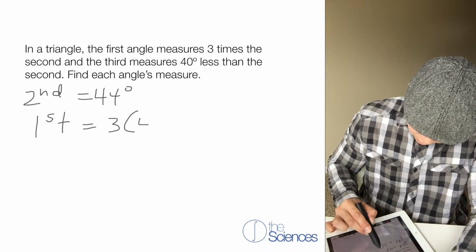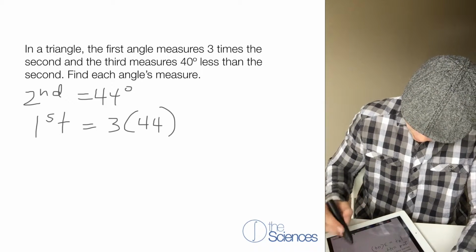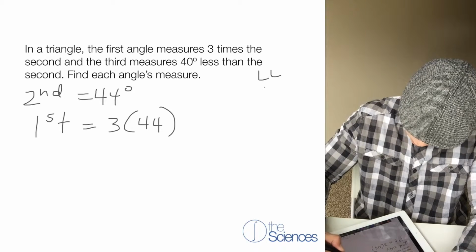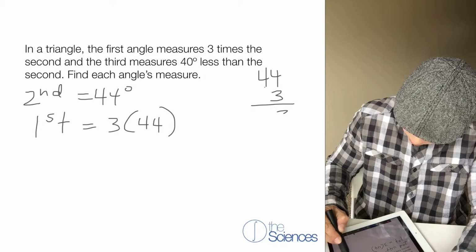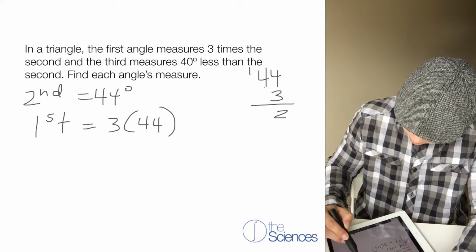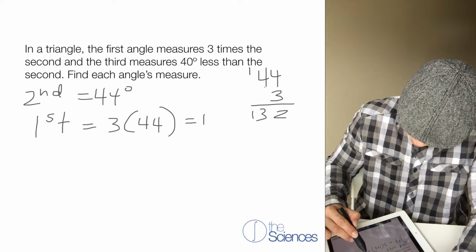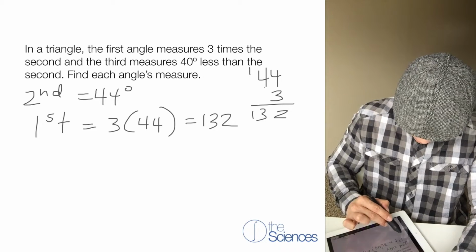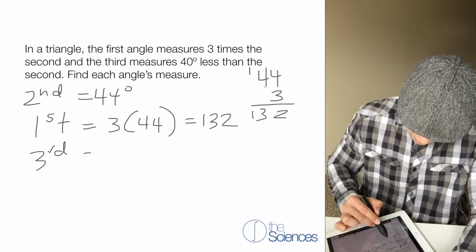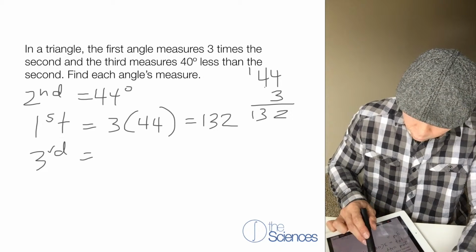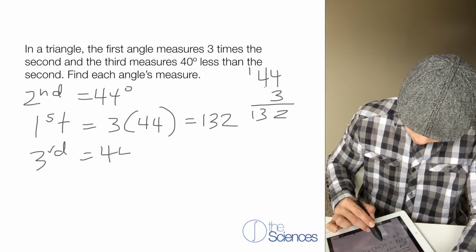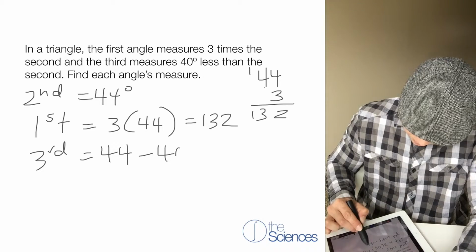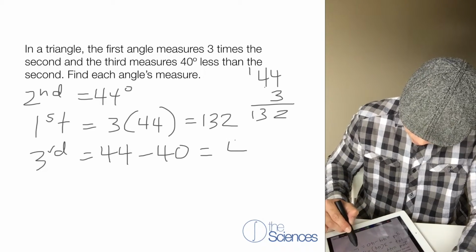So 3 times 44 is 132 degrees. And then the third is 40 degrees less than the second. So we have 44 minus 40, which equals 4.